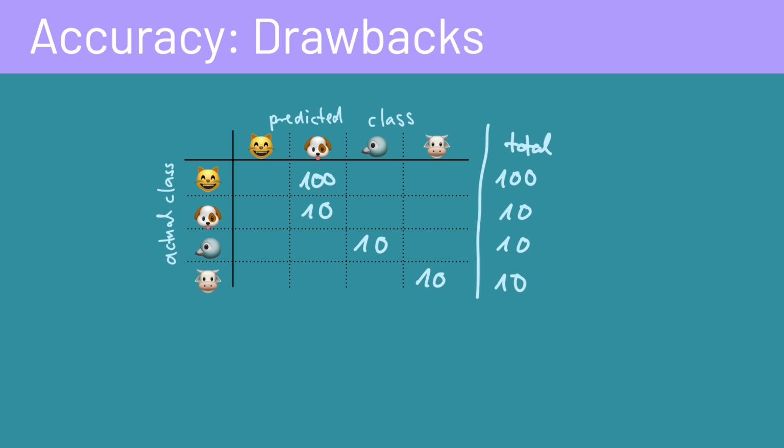We would imagine some kind of a 3/4 accuracy, because it's correct in 3 out of 4 classes. But that's not what we're getting. In fact, we're getting 30 over 130, so roundabout 0.23, much less. So the accuracy is strongly dependent on the frequency of the classes and ignores a possible class imbalance.